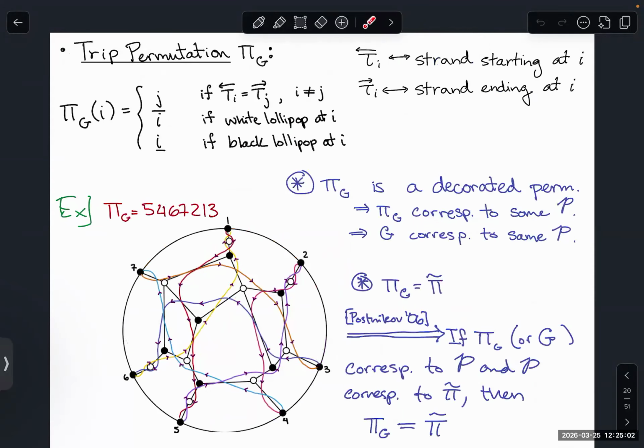A very natural thing we can do is arrange these strands into what's called a trip permutation. We'll record where the strand starts and where the strand ends.